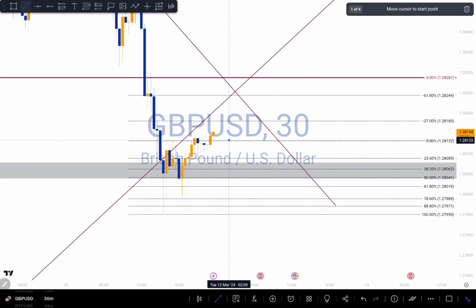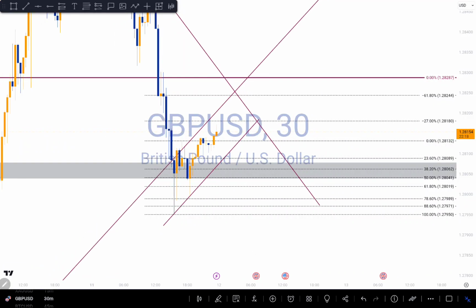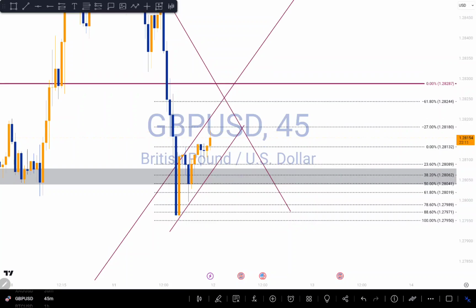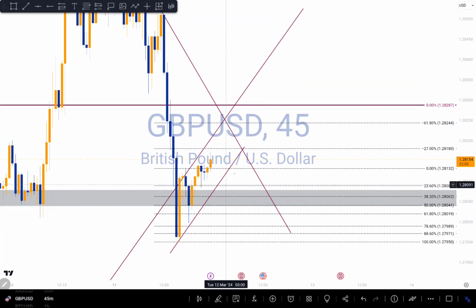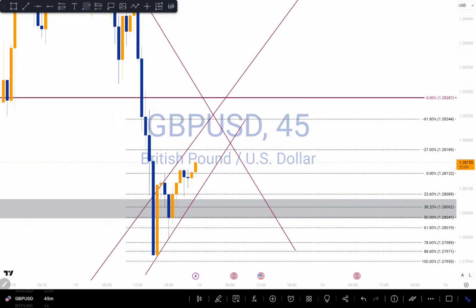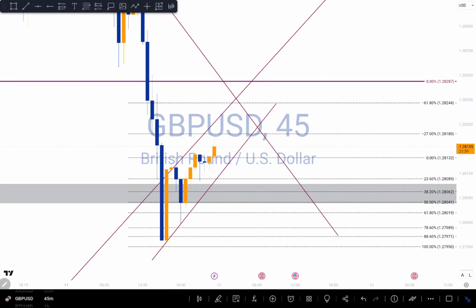Let's just do from here to here. So now we are almost around my negative 27% fib level.